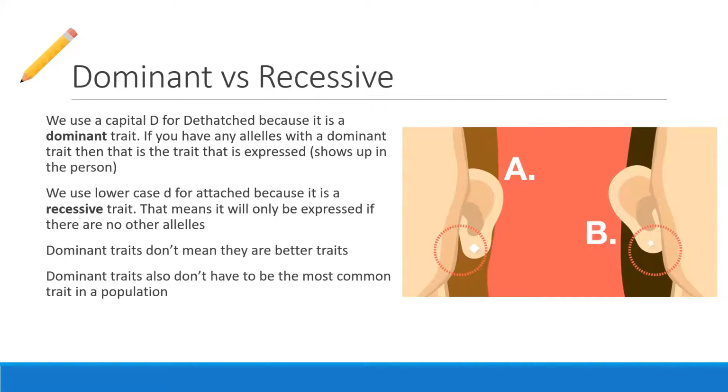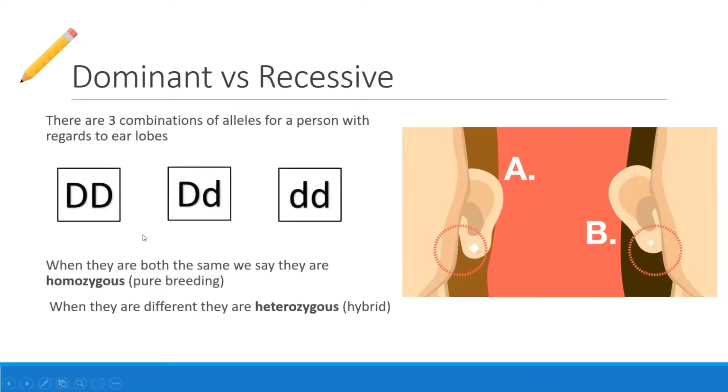So let's look at our earlobe example in a little bit more detail for 1 sec. With earlobes, there are 3 combinations. Either you get a dominant trait from your mum and a dominant trait from your dad. Or you could get a dominant trait from your mum or dad and a recessive trait from the other.